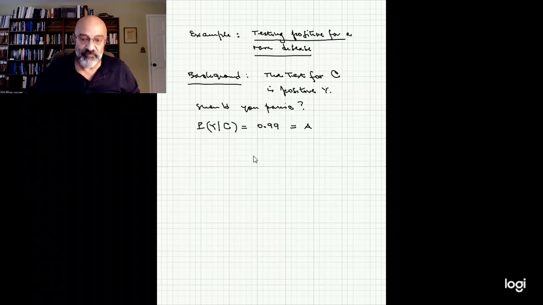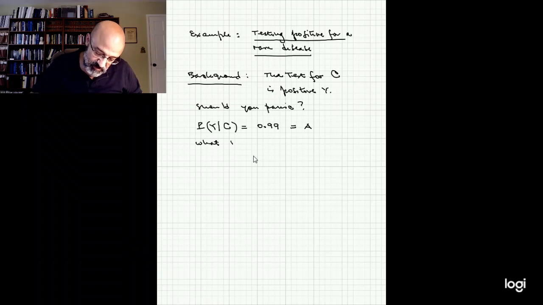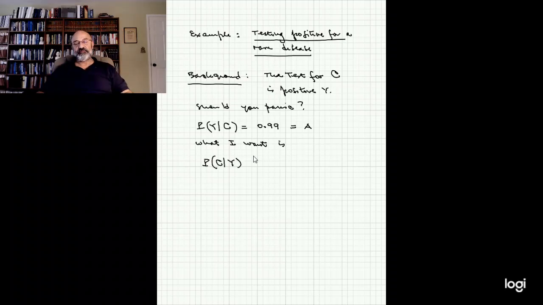So should you panic? And then you start thinking, oh, well, let me see. What I really want is the probability that I have cancer given that the test was positive.